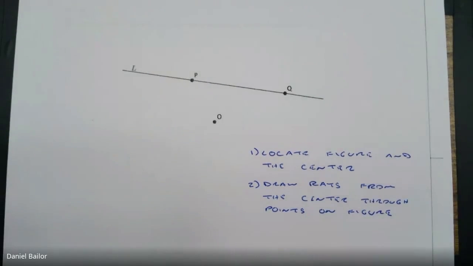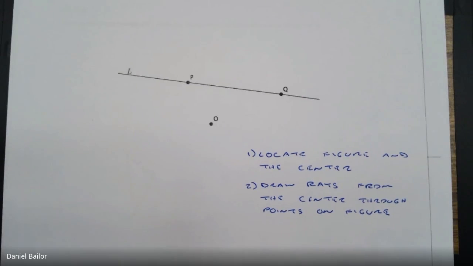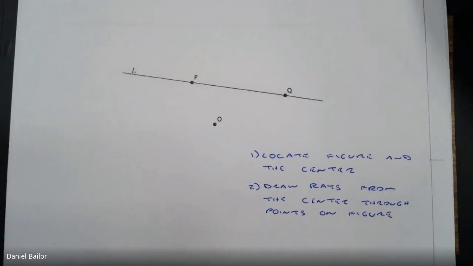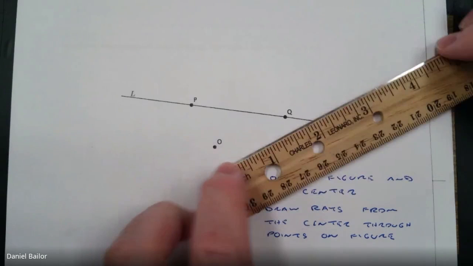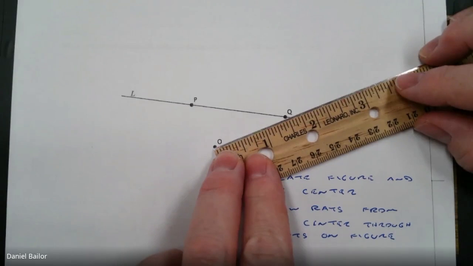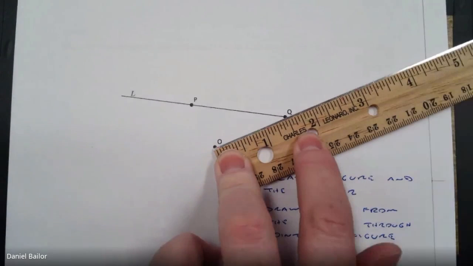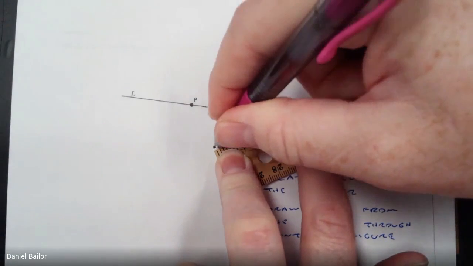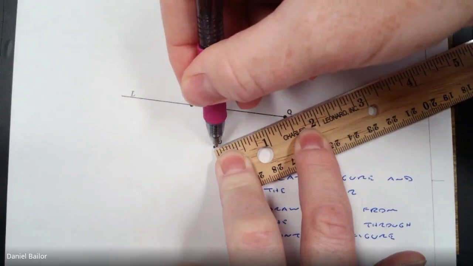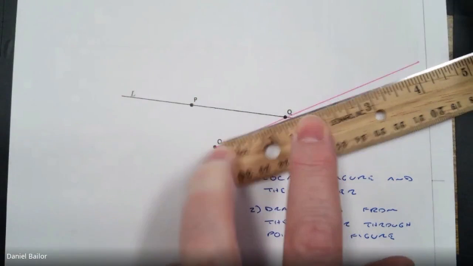Now, the reason we do this is because, remember, the center shows us direction. So we need to use the center and the points to show what direction the figure dilates. So you start at the center and you connect the point. I'm going to connect the center with point Q, and draw a ray starting from the center, going through point Q and beyond.